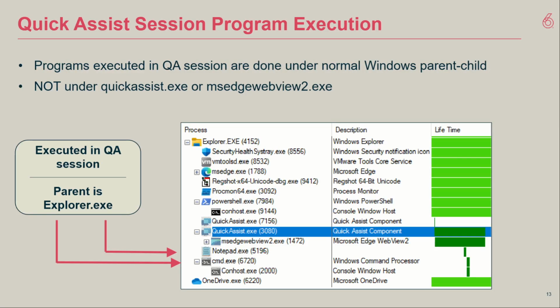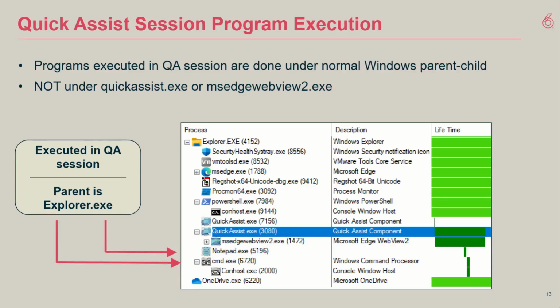So here in the screenshot, as an example, I had connected to Quick Assist. I was executing Notepad and cmd.exe. You can see here that those two processes, Notepad and Command, are not child processes to Quick Assist or MS Edge WebView. They are child processes of Explorer, which we would expect to see if somebody connected to the system.